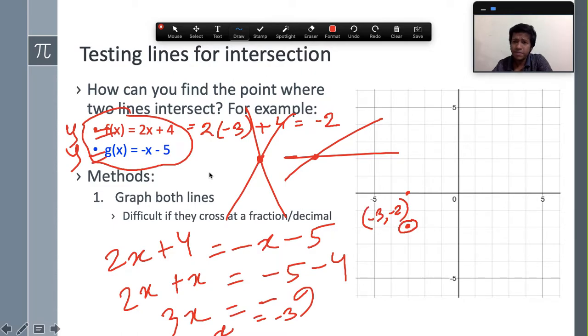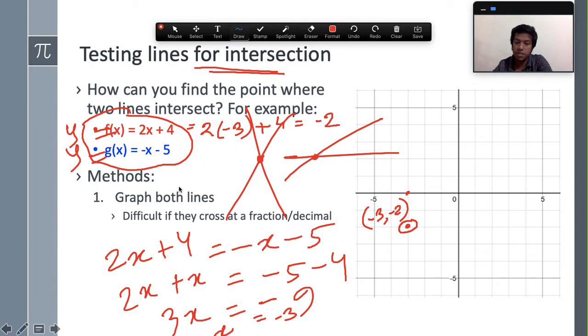So it looks like these two lines should intersect at this point. One line coming this way, the other that way, then they will meet at that point. This is what the point of intersection means, and this is also the solution of these two lines.